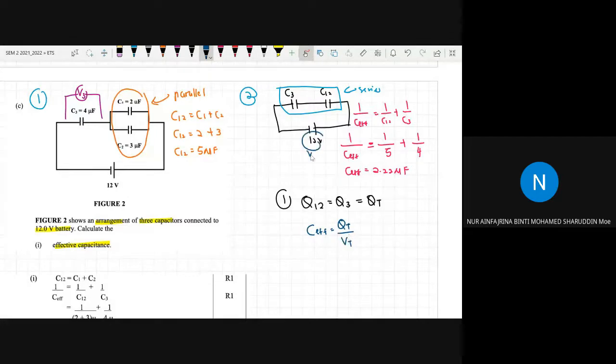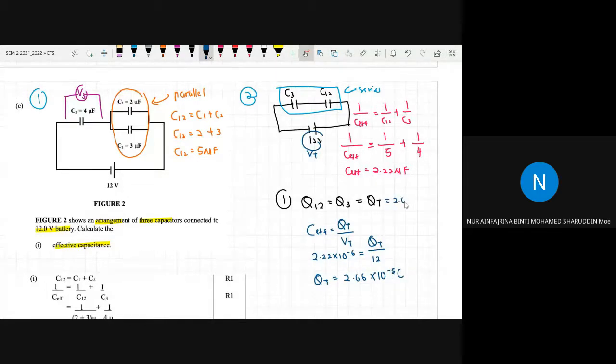So effective capacitance is 2.22 times 10 to power of negative 6, total charge bahagi dengan 12. So you punya total charge is 2.66 times 10 to power of negative 5 Coulomb.